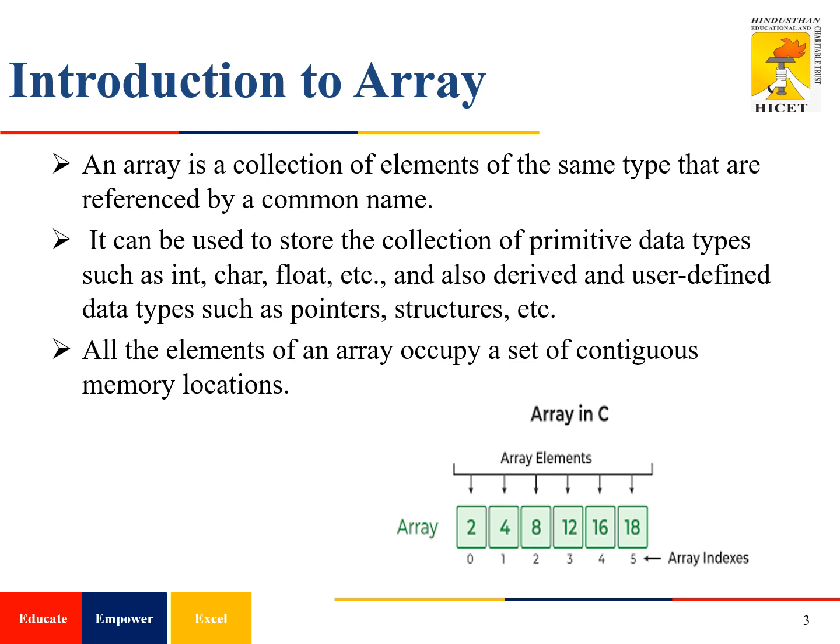These elements are of the same type, that is integer data type, and they are stored in specific memory locations. 2 is in a separate memory location, 4 is in a separate memory location, and they are accessed using the array index, right? 2 is at index 0, 4 is at index 1, 8 is at index 2, and so on. So the array indexes start from 0. So this is the introduction about array.